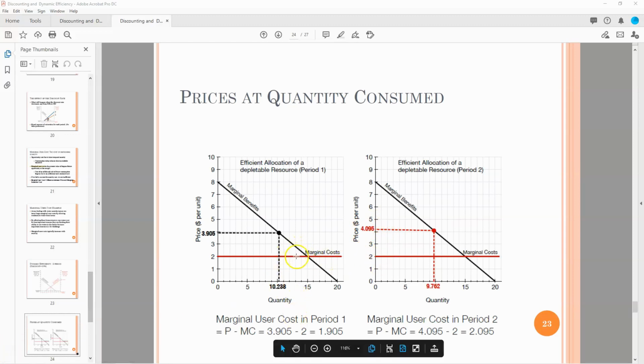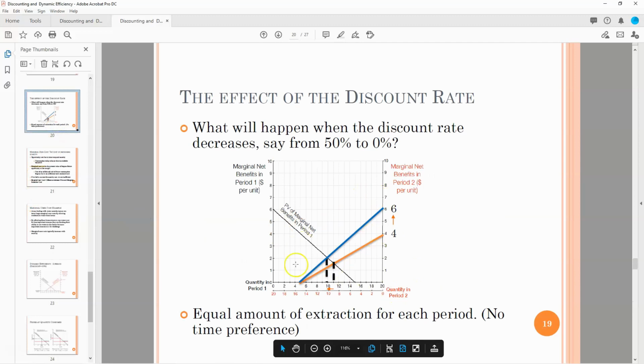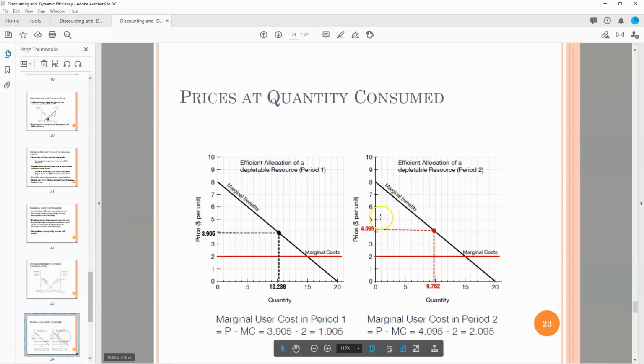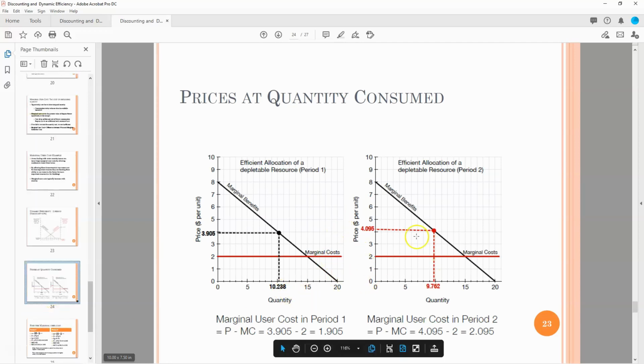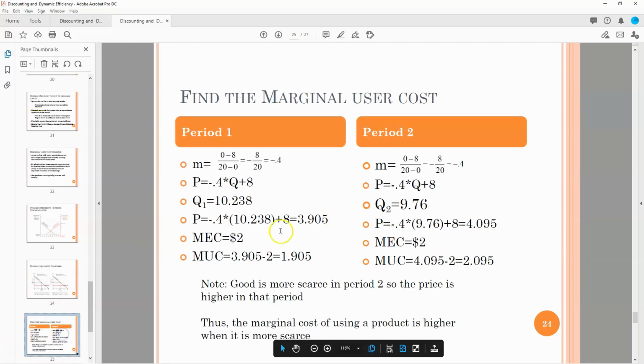So the only place we need to think about the present value, the discount rate, is when we get the intersection of the two present values of marginal net benefits in the two periods. So here, we don't really need to think about discount rate or present value. So be careful when you get this question in your assignment or exam.